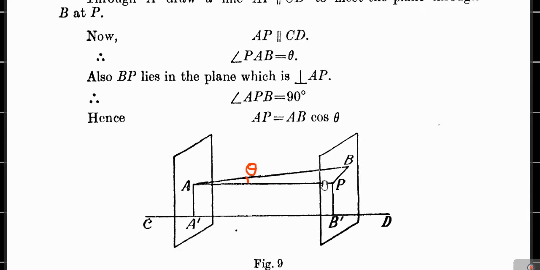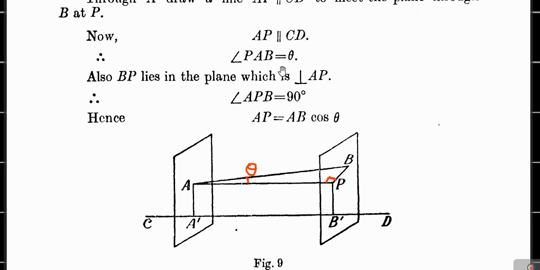So as the line AP is perpendicular to this plane, clearly line AP is perpendicular to line BP. This diagram is in three dimensions. So this is a right angle here. So here we have lines AP and PB perpendicular. Such is the construction.